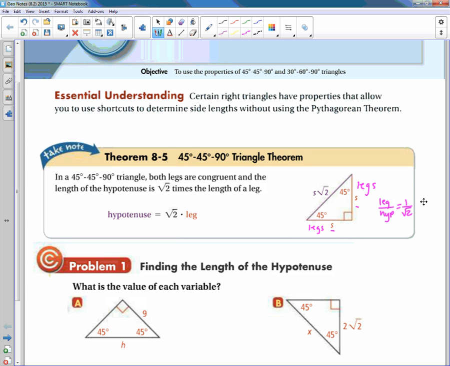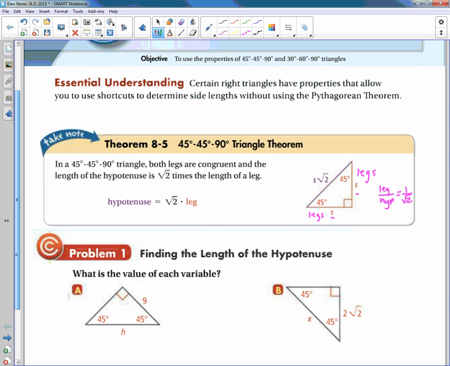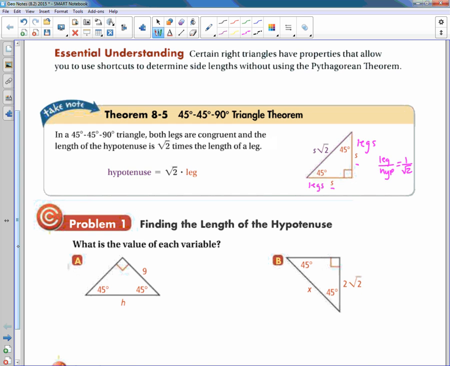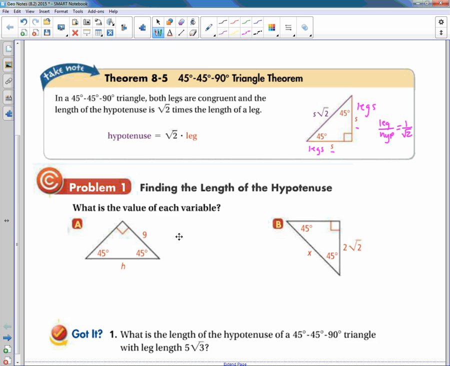And I'm going to use that ratio when I'm finding missing sides in order to determine what the actual missing side is. So if you look down here, we'll start with the first one and ask what's the value of the variable. In this case, the variable is h, and of course it is the hypotenuse. So I'm going to set my ratio up for my given triangle as leg over hypotenuse, which is 9 over h.